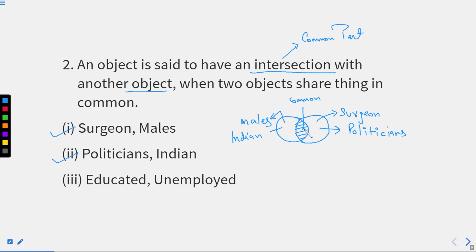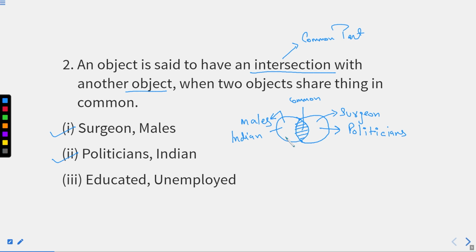I hope you get this. And there are politicians who are not Indians. Like if I talk about the USA's president or any USA politician, they are not Indian, right? It means this part on the right side which is not shaded is politicians who are not Indian, right? Here there are Indians who are not politicians, right?